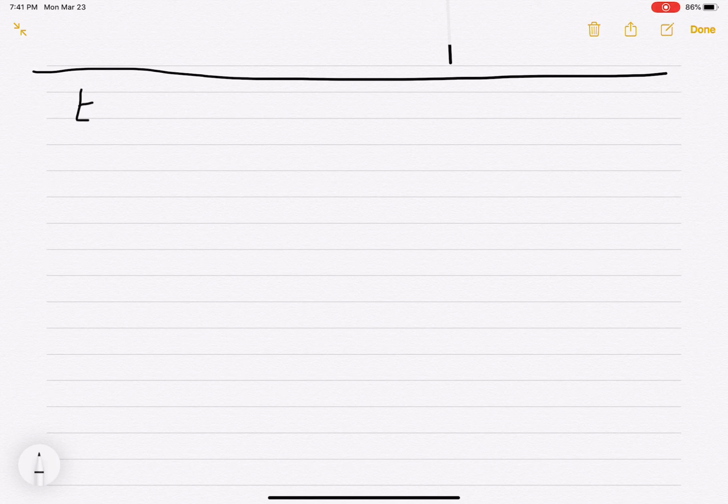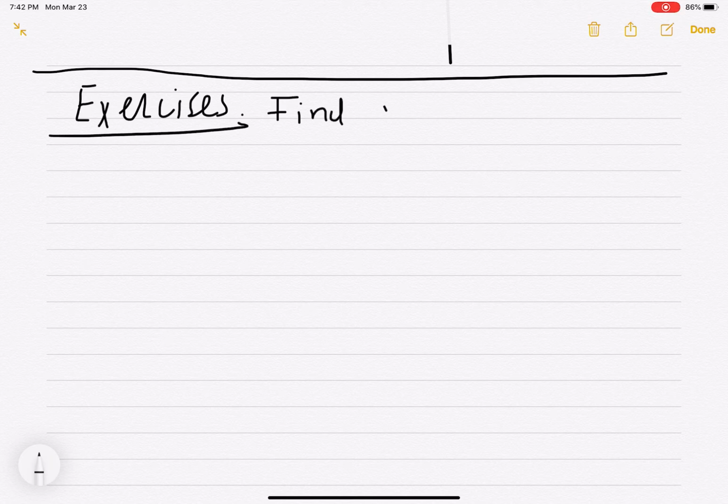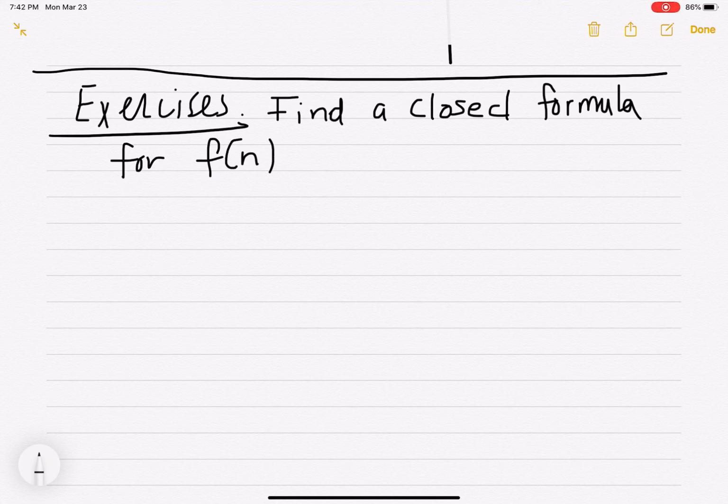Exercise: find a closed formula for f of n given the recursive definition.